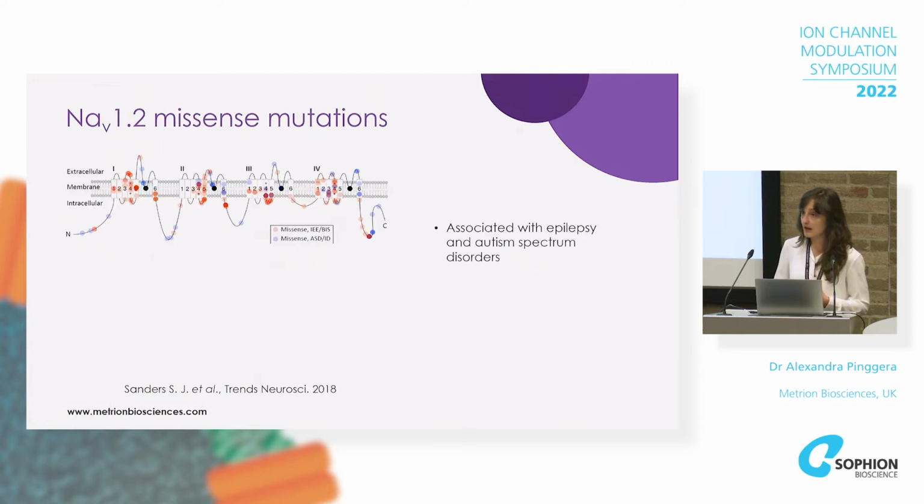To date, a lot of mutations have been identified in NaV1.2, and they occur in pretty much every portion of the channel. They are in general associated with a disease spectrum characterized by epilepsy, autism spectrum disorder and intellectual disability.